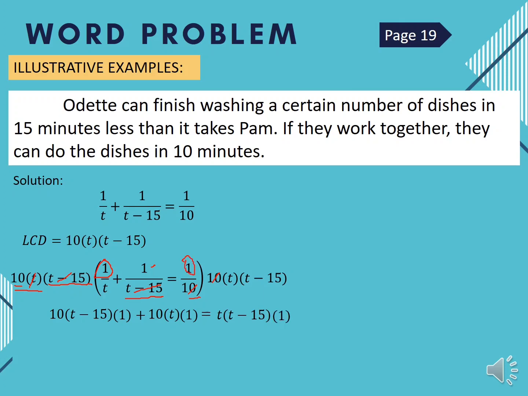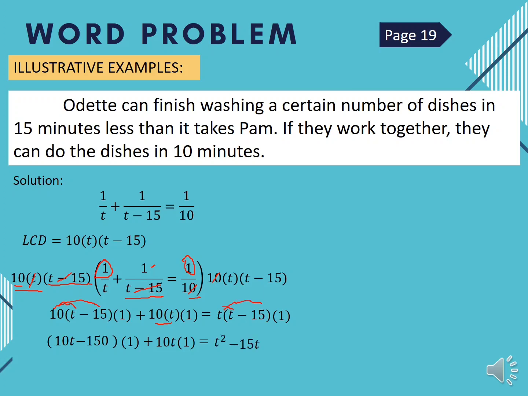Now let us simplify. In simplifying, we will apply the distributive property. So 10 times T, we have 10T. 10 times negative 15, we have negative 150. Times 1. Okay, may 1 pa tayo doon. Plus 10 times T, we have 10T times 1 equals T times T, we have T squared.